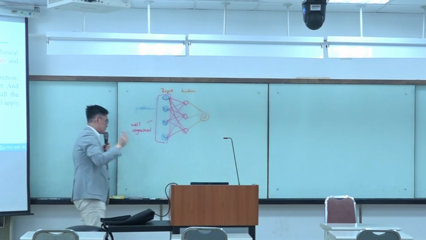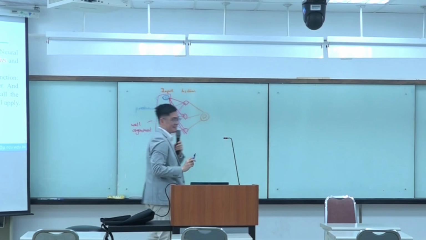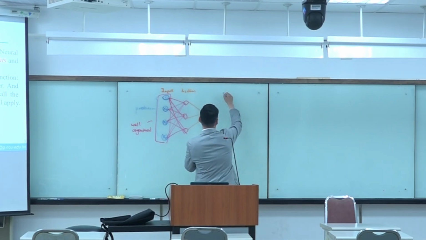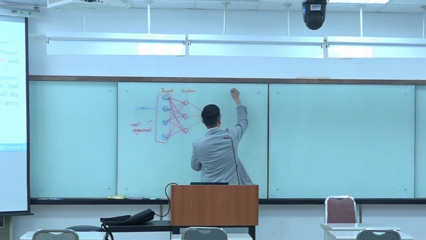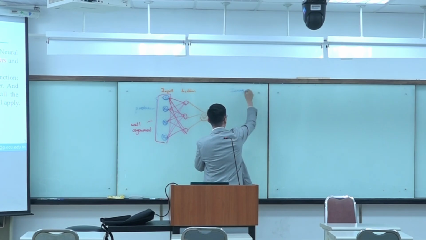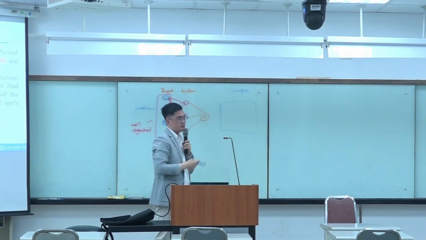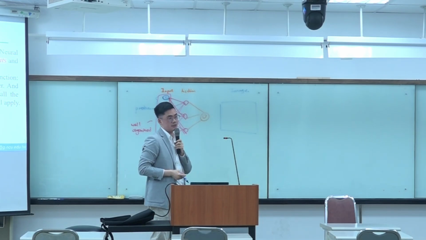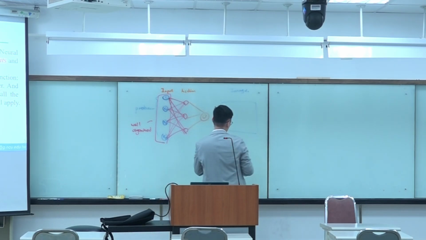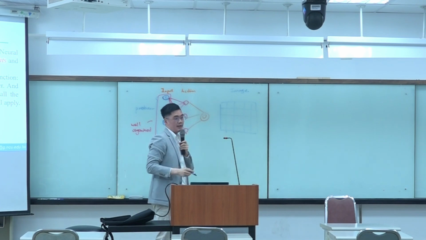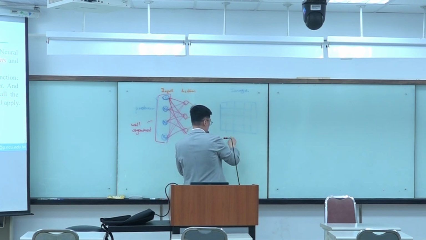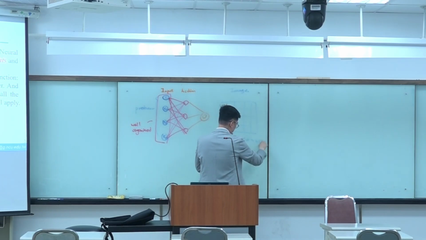But things are going to be different if we look at images. For the image case, suppose that we're looking at grayscale images, okay? No color, just grayscale, black and white. For black and white, the pixel values range from 0 to 256.